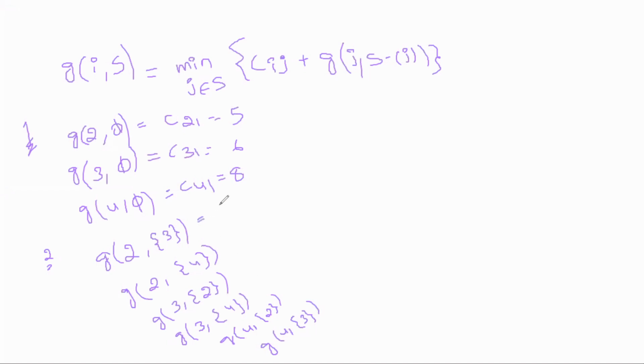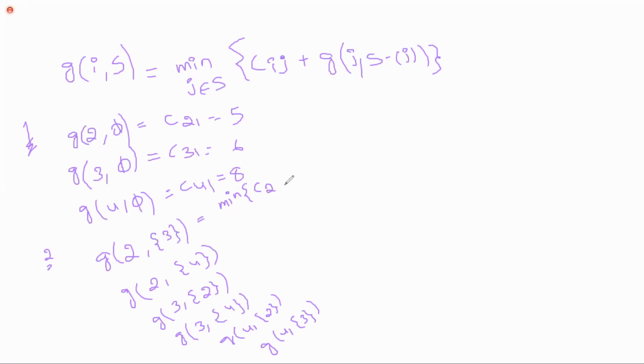Now apply that formula. Minimum of J belongs to S. What is S here? It is 3. So what is the value of J here? 3, right? C I is 2. This is I, right? What is J? J belongs to S. S is having 3.